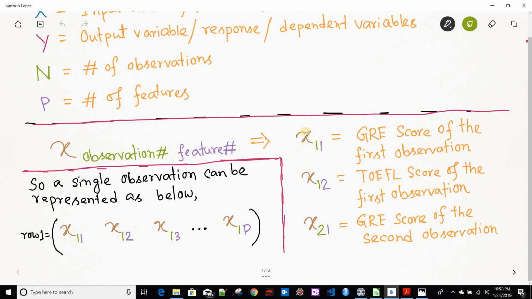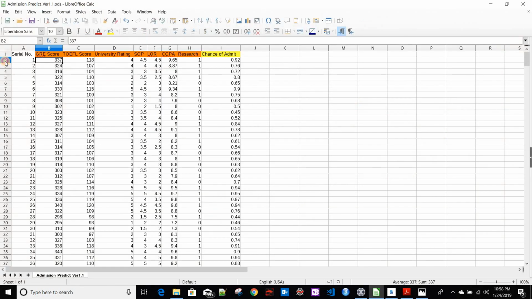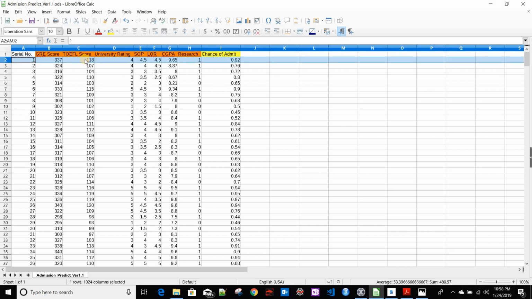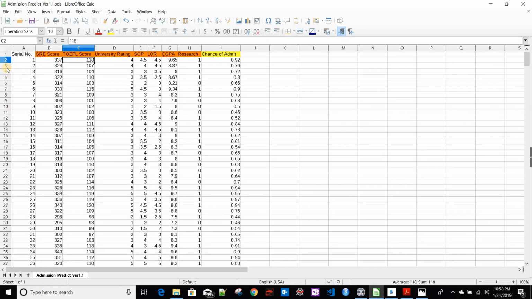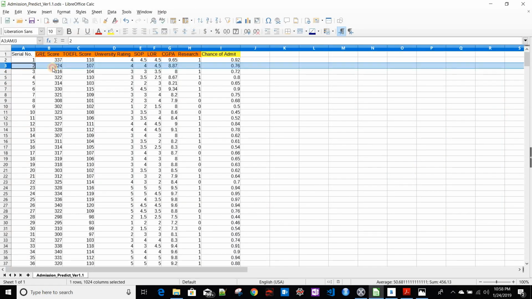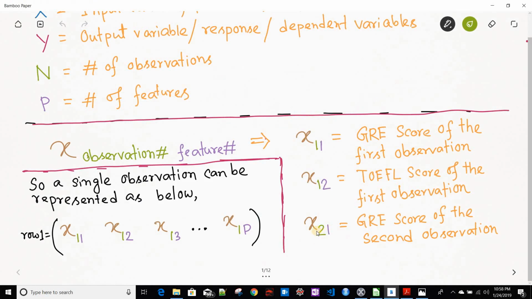Similarly, x12 will be the first observation, second feature value, that means 118. Similarly x21 is the GRE score of the second observation: second row, first feature value.